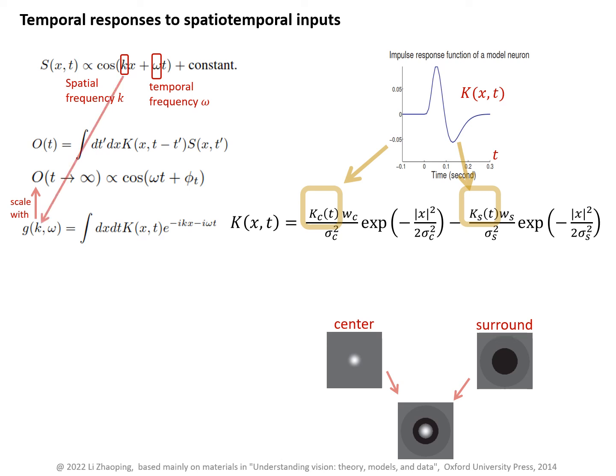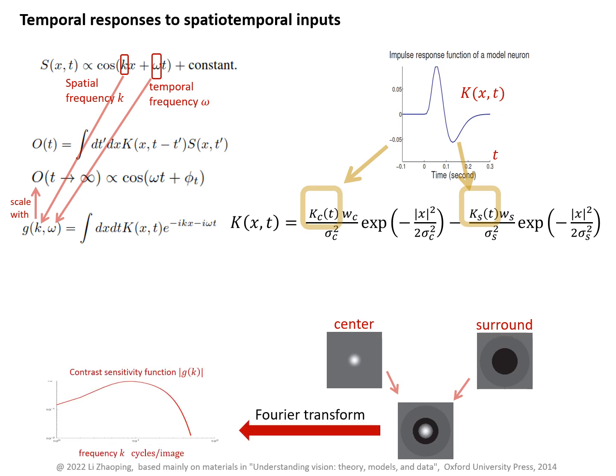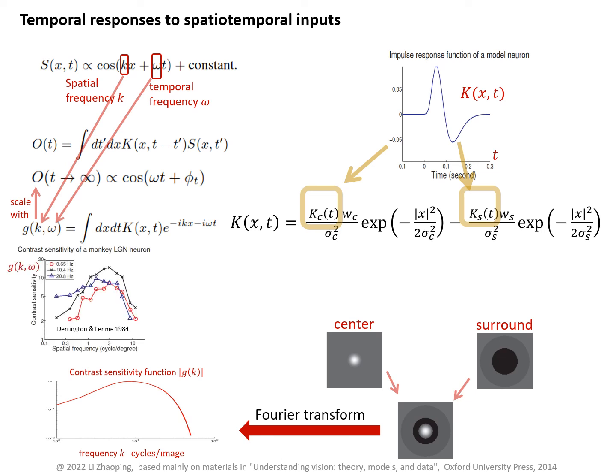This is a function of both spatial frequency k and temporal frequency omega, and it is an extension of our contrast sensitivity function when we considered space only, ignoring time. Here are three curves of contrast sensitivities for a monkey neuron in LGN, and this LGN receives inputs from retinal ganglion cells. The horizontal axis is spatial frequency k, and the three curves are for three different temporal frequencies omega.